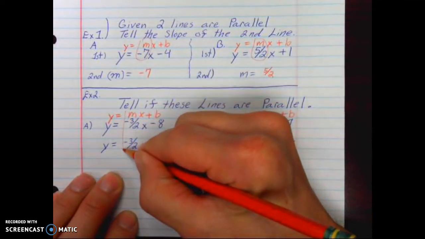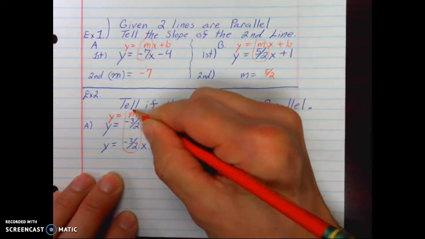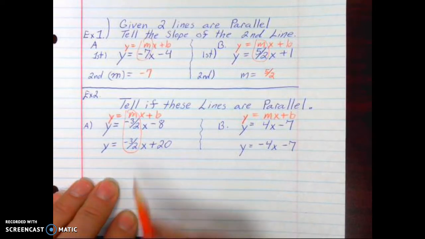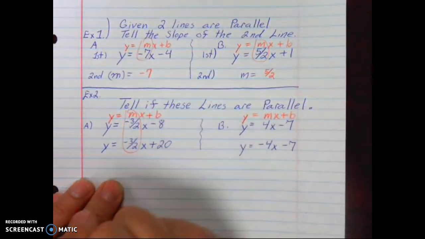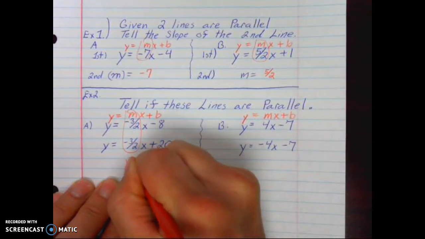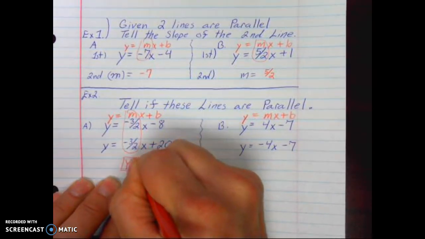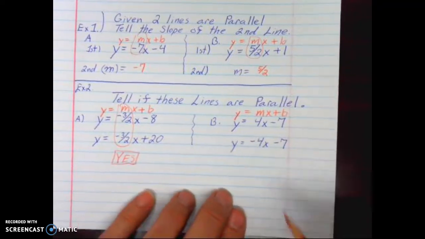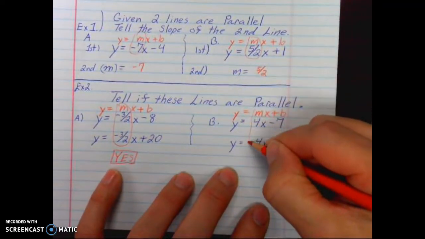So, are these the same? -3 over 2, -3 over 2, yes, these have the same slope. So these are parallel. Pretty easy. Now, let's look at this one. Are these the same?